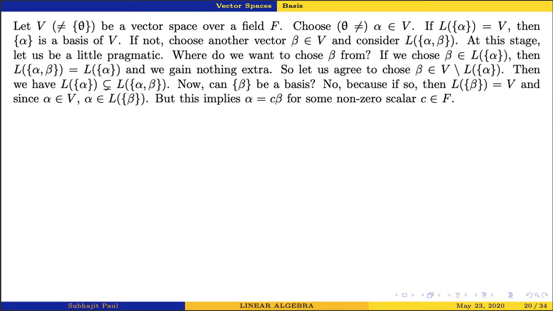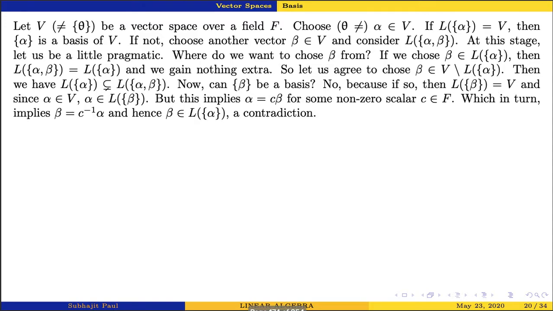But this implies alpha is equal to C times beta for some non-zero scalar C, because alpha and beta both are non-zero vectors, which in turn implies beta is equal to C inverse alpha. C is not zero, so C inverse exists in F. So beta is equal to C inverse alpha, and then beta is a vector in the linear span of alpha, but we have chosen beta from outside the linear span of alpha. So we arrive at a contradiction. So beta cannot be a basis of V.